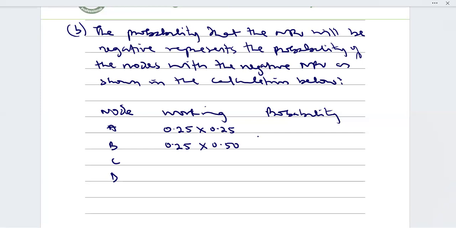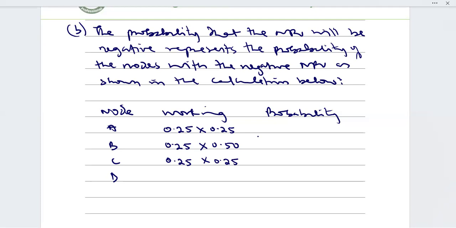Probability of node C in year 1 is 0.25 multiplied by probability of node C in year 2, which is 0.25.